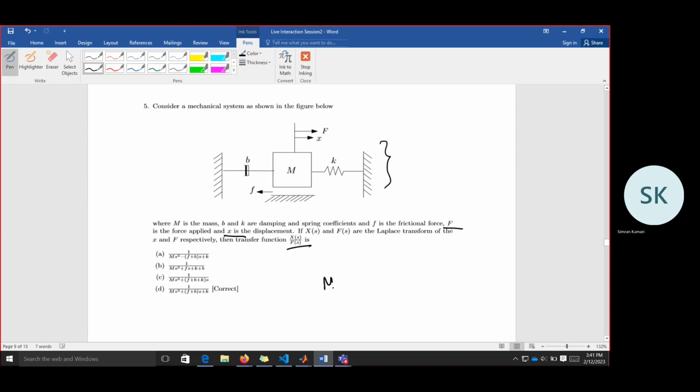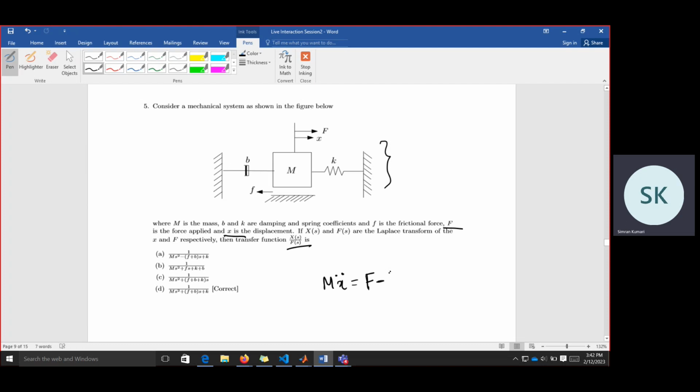This will be m x double dot, whatever kinetic energy is assigned to the system, that will be because of the force that is being applied, minus this force will be used to overcome the friction, or you can say damping forces.